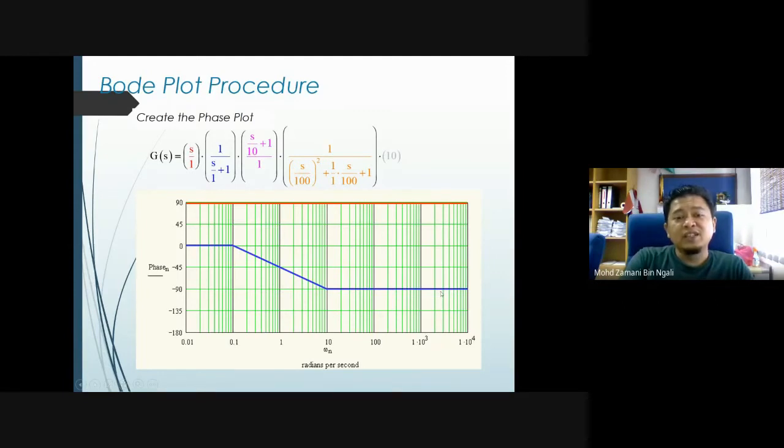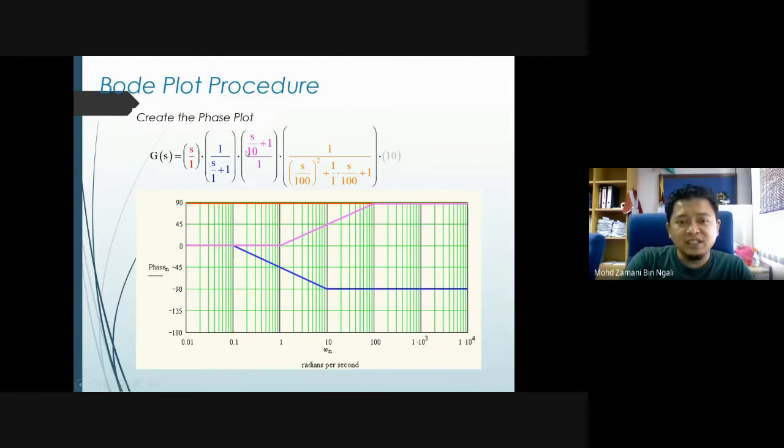If we look at the third line, which is the magenta line, we can see that the slope is the same. The difference is only that one is a negative slope, one is a positive slope, but it is 90 degrees over 2 decades.